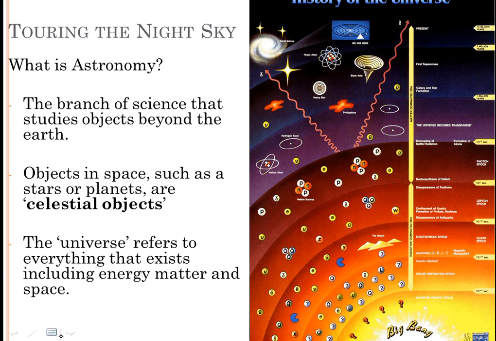So if you look at the history of the universe, and we'll talk more about this later, this is sort of like the Big Bang, and it is the Big Bang theory. And when you're looking at the Big Bang theory, all of this happened, so right up to about here, so up to that level, happened in a few seconds.